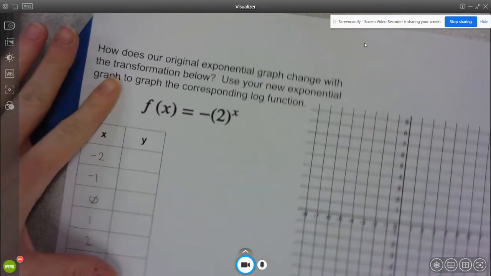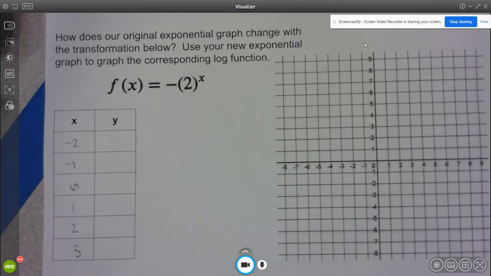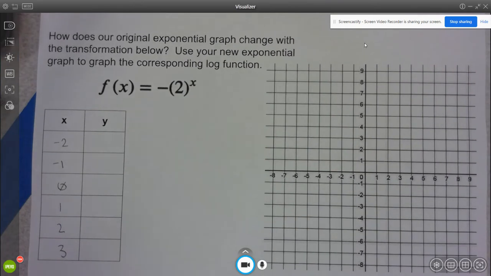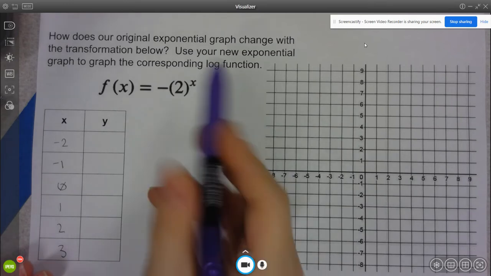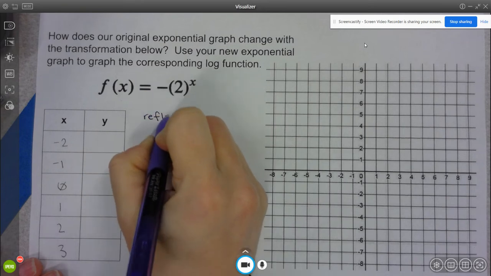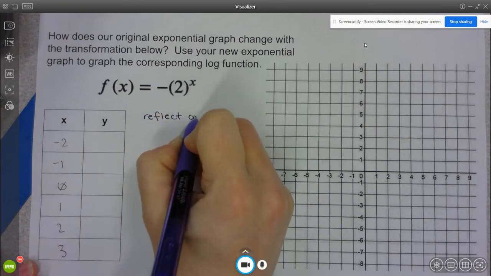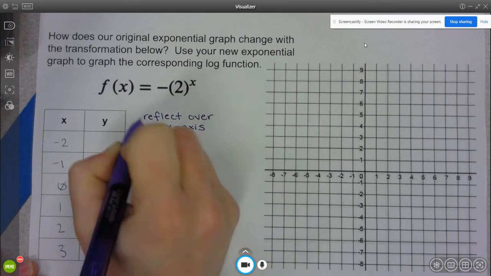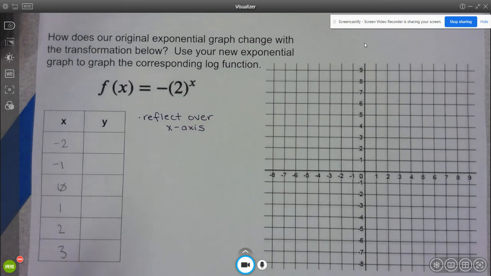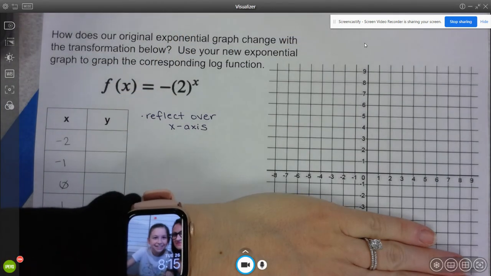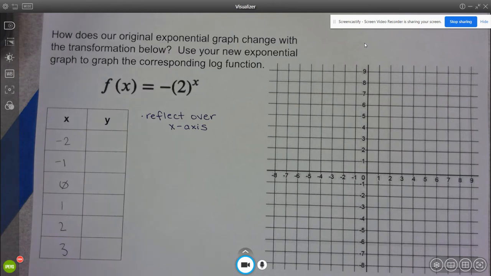So the first one we're going to look at is this -2 to the power of x. And thinking about what this is going to do, if the coefficient is negative, this is going to reflect over the x-axis. So instead of being up here in quadrants 1 and 2, we're going to be down here in quadrants 3 and 4.